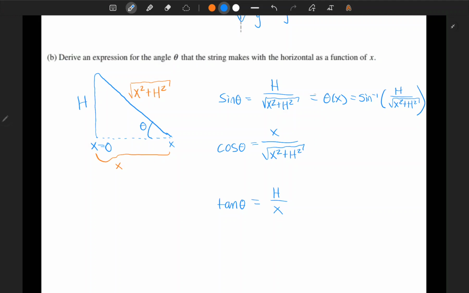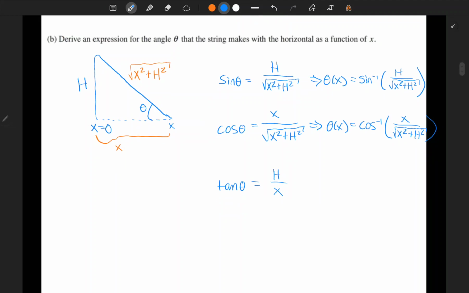Alternatively, we could, for cosine, see that theta of x is equal to arc cosine, or cosine inverse, of x divided by square root x squared plus h squared. Finally, for tangent, we can use arc tangent, or tangent inverse, to get that theta of x is equal to arc tangent of h divided by x.